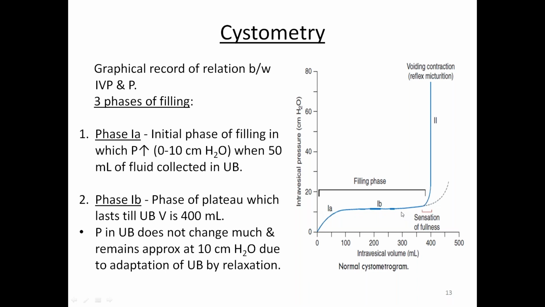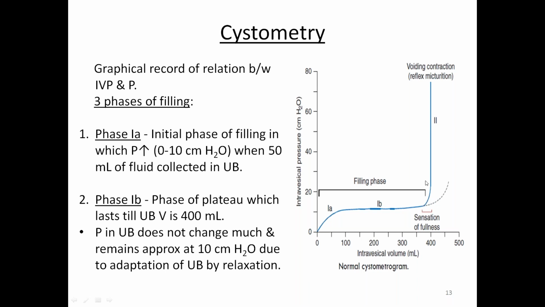Now let's see what happens in phase 2. So phase 2 starts beyond the 400 ml volume. And this is where, if you notice, the pressure begins to rise markedly. So look at the acute rise in pressure here.